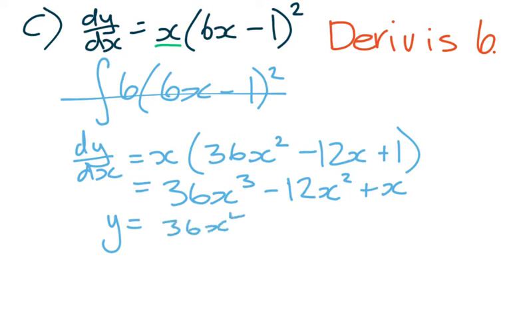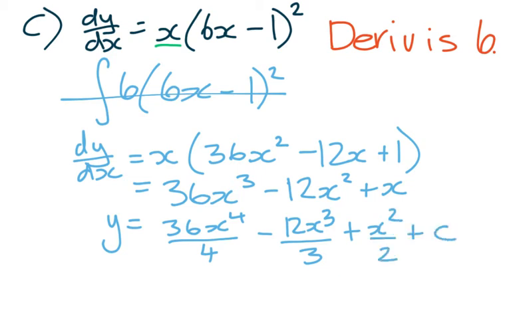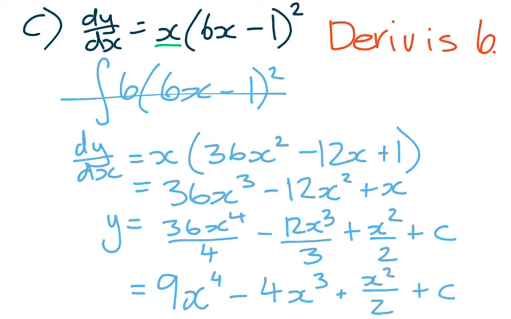So then when we do the integral, we would end up with 36x to the power of 4 on 4 take 12x cubed on 3 plus x squared on 2 plus c, and then we would just simplify. So this is just a normal anti-differentiation question. So we'd end up with 9x to the power of 4 take 4x cubed plus x squared on 2 plus c.